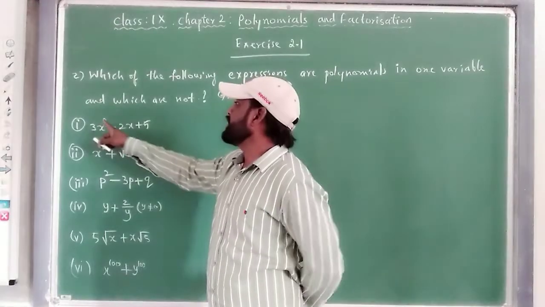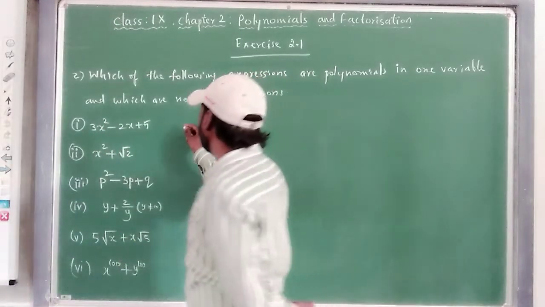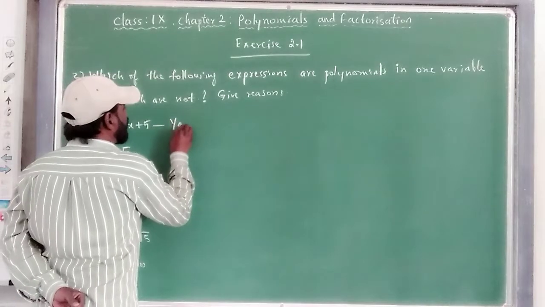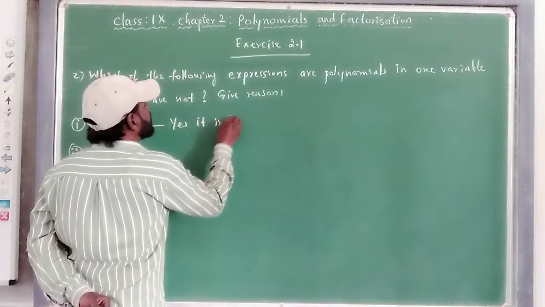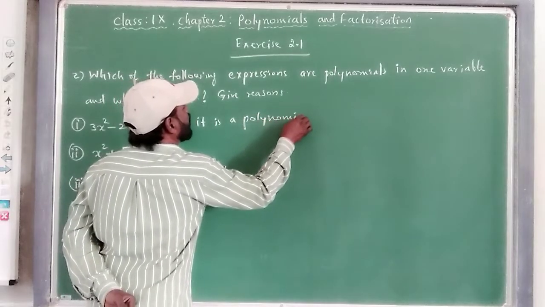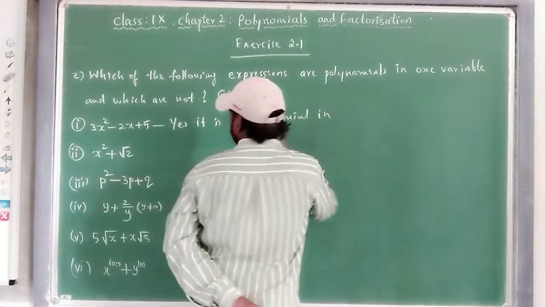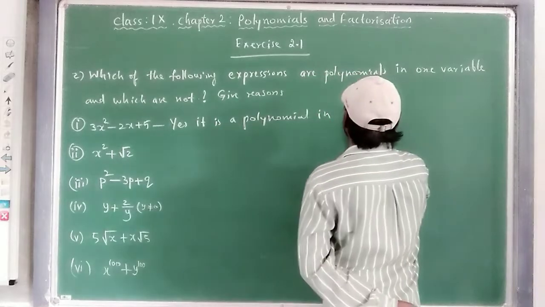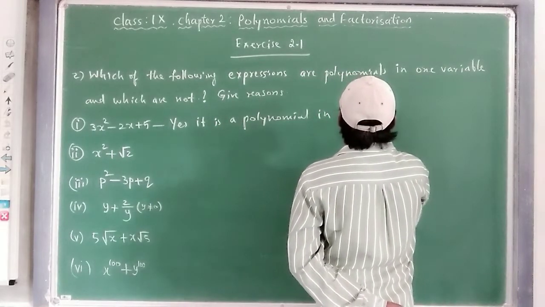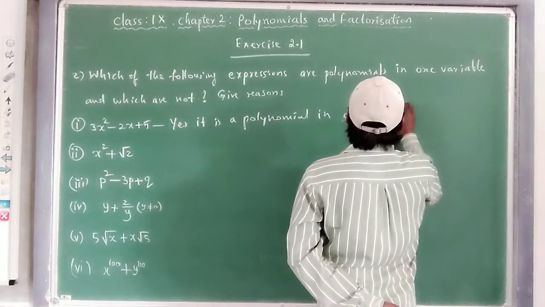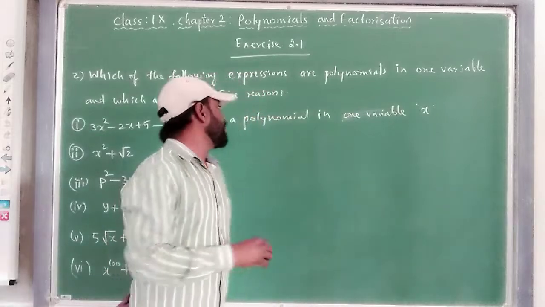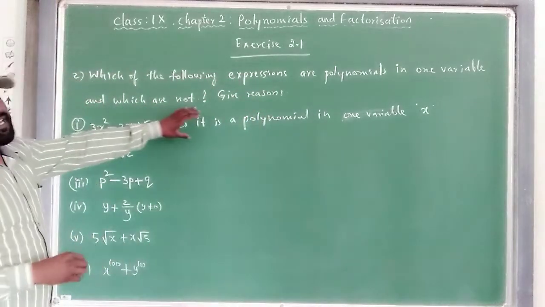So it is a polynomial in one variable, in variable x. So it is called a polynomial in variable x.